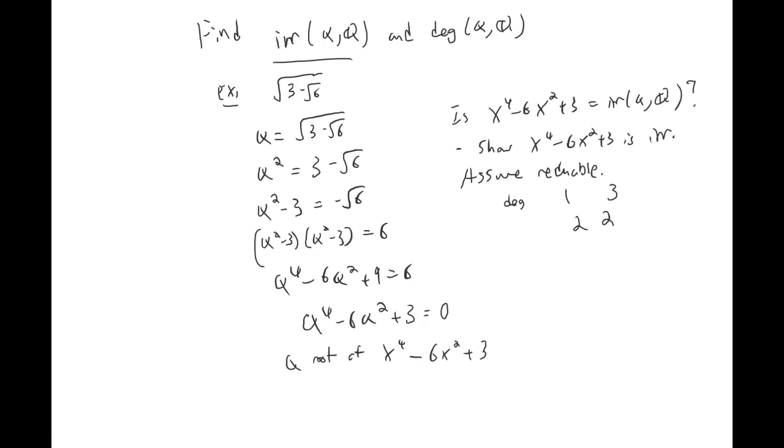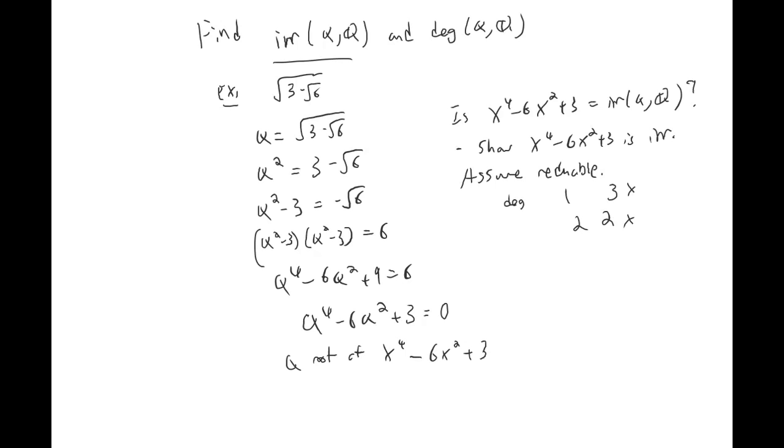Because it's degree 4. In this case it's very annoying to argue case by case. You could argue explicitly that it can't be this or that, but there's an easier way. What's the easier way?